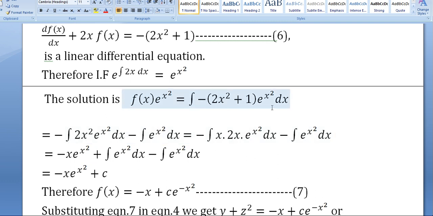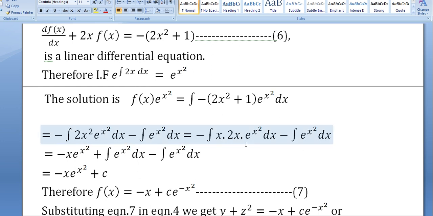Now let me split this into two integrals, minus 2x square into e power x square dx minus 1 into e to the power of x square dx. This can be split as minus x into 2x into e to the power of x square dx minus, and we write this integral as it is.